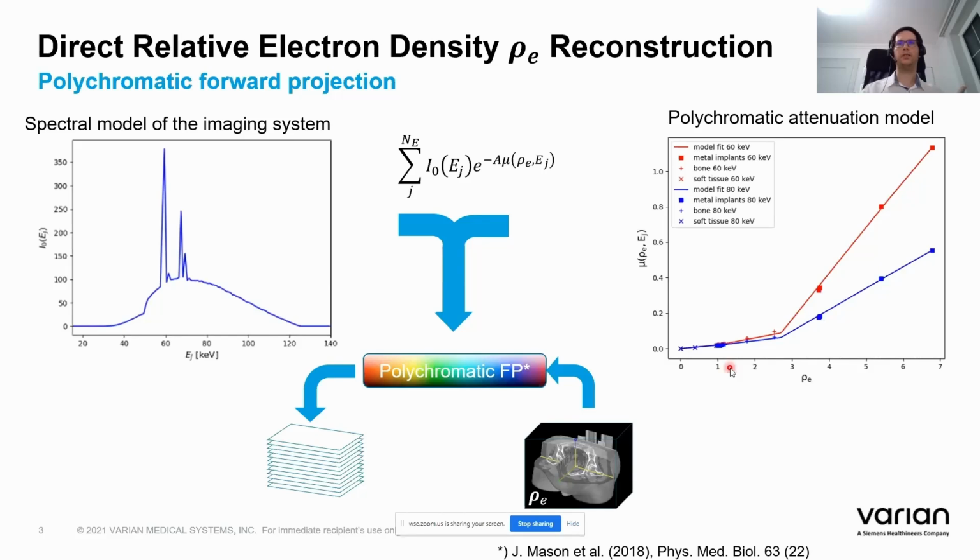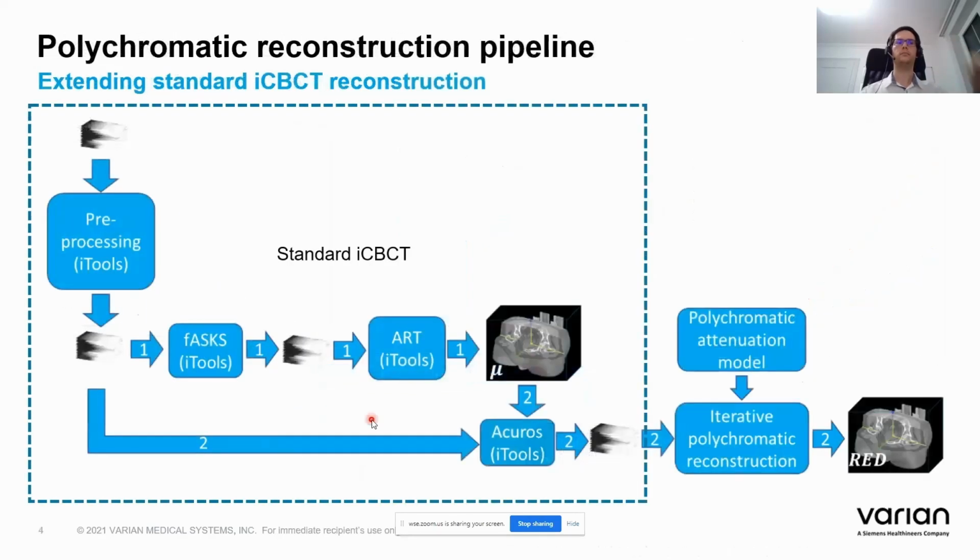Now, having established the relationship between the relative electron density and the forward projected intensities, let us take a look at how this polychromatic forward projection fits into the reconstruction pipeline.